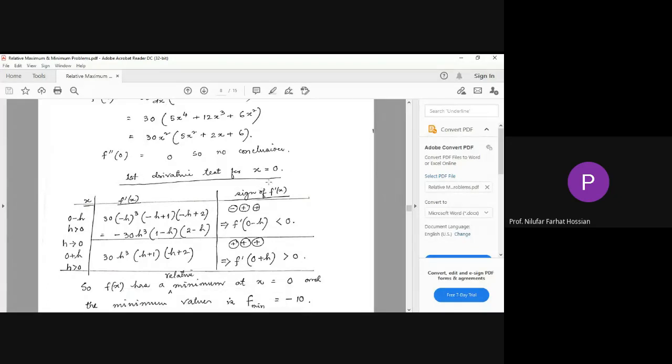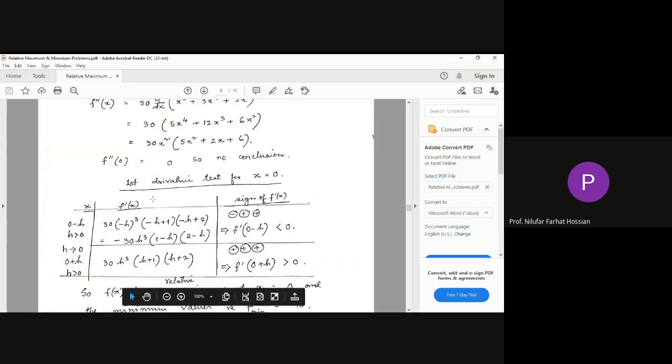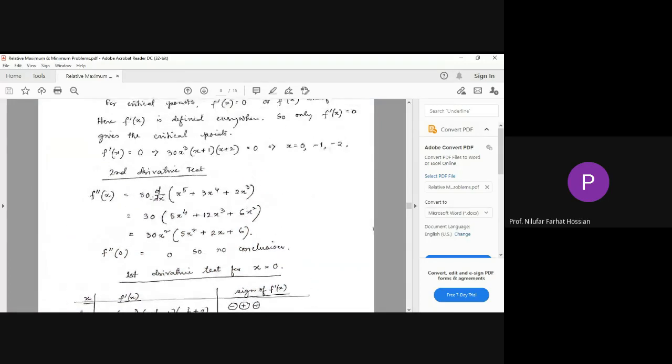So the first point is 0 minus h, and the second point will be 0 plus h, where h tends to 0 and h is positive. What was the expression for f prime of x? I have not written it here. f prime of x is 30x cube into (x plus 1) into (x plus 2). So 30 into (0 minus h) whole cube, (minus h plus 1), (minus h plus 2).